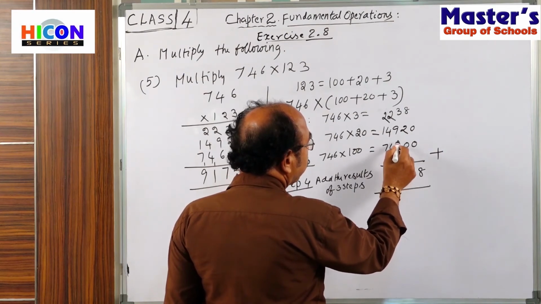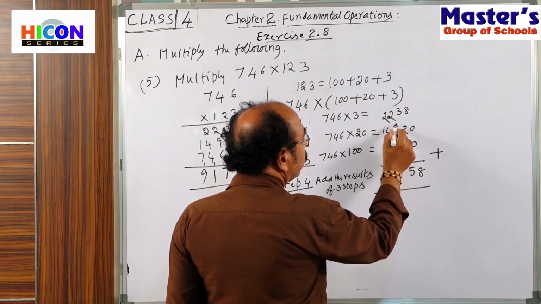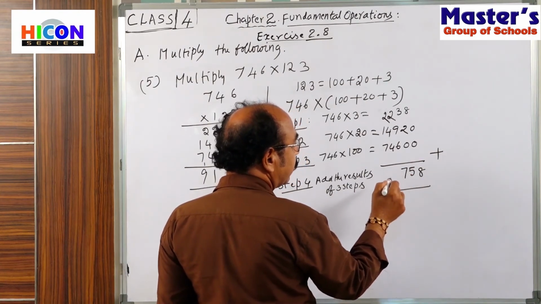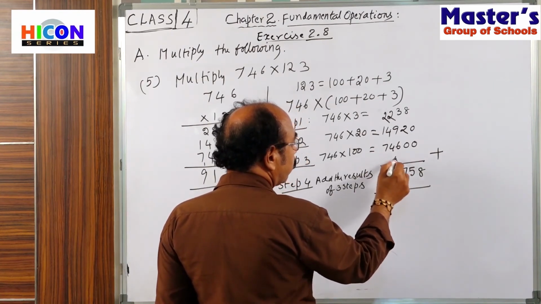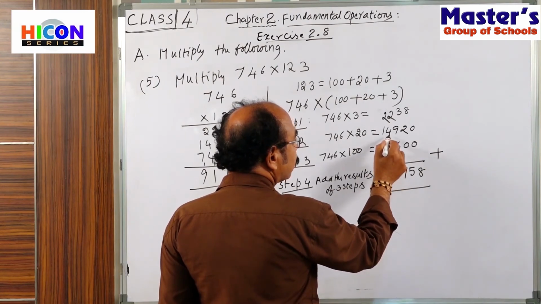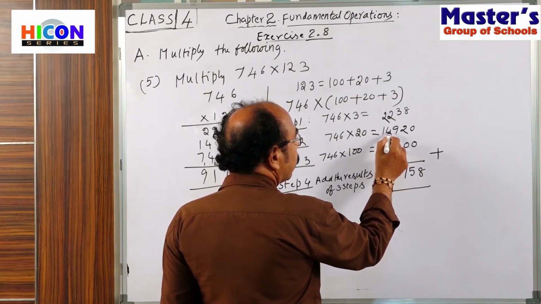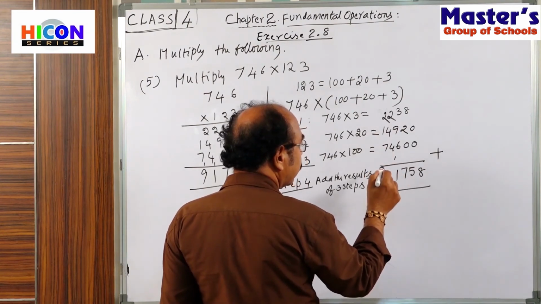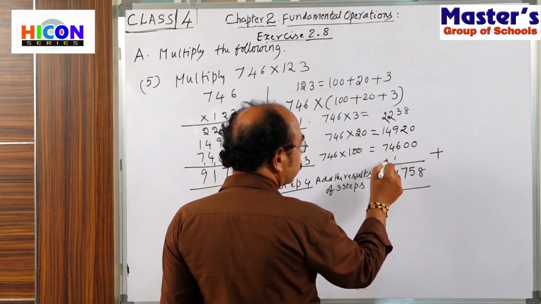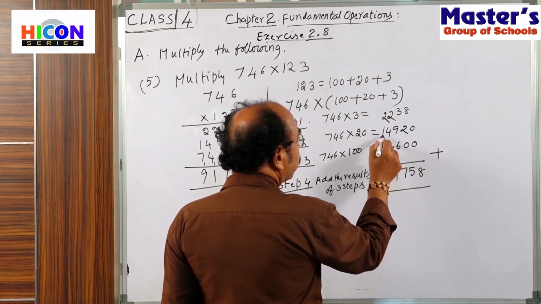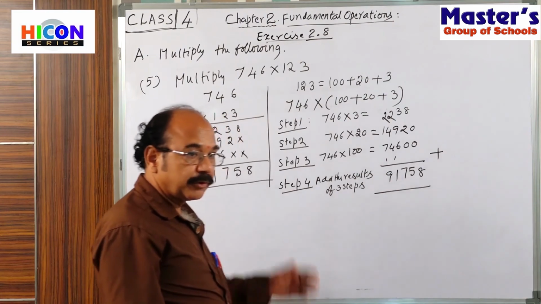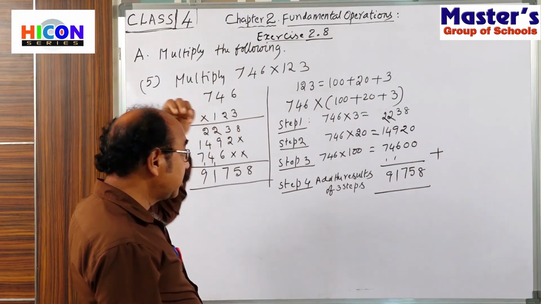Here 6 plus 9, 15. 15 plus 2, 17. Right, 7 here, 1 carry. 4 plus 1, 5. 5 plus 4, 9. 9 plus 2, 11. Write 1 here and 1 here. Now 7 plus 1, 8. 8 plus 1, 9. You got it now? So 91,000 something.